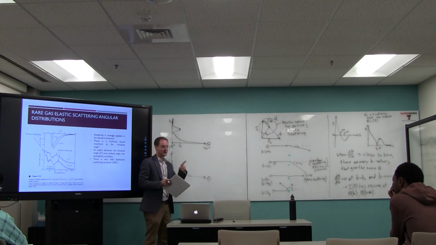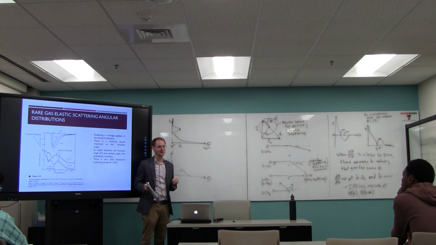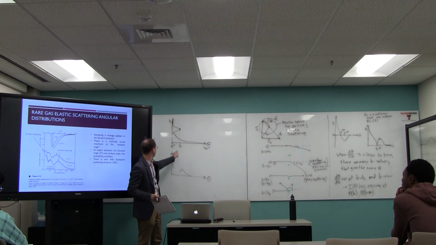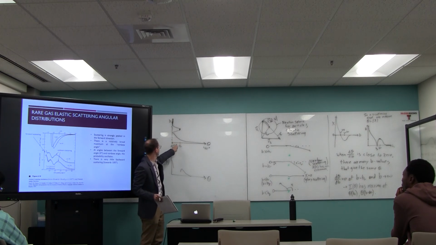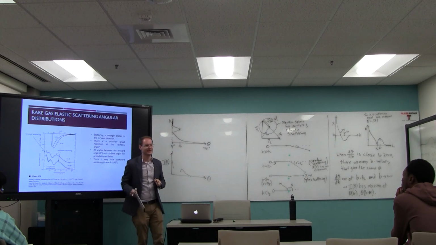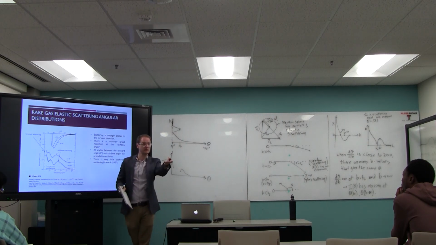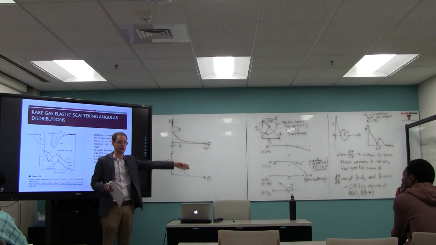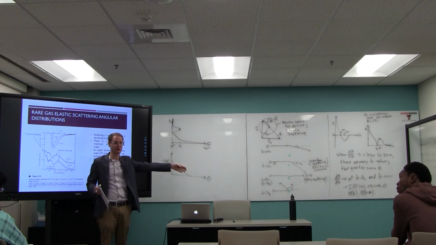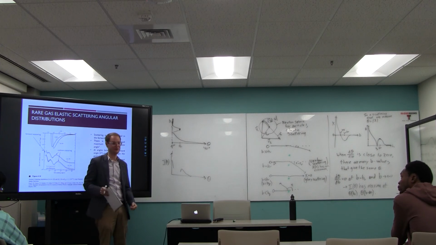So I showed you in the example that there's oscillation. Does anyone want to guess why? What about this angle here? How many different B values can lead to this angle? There are 3 different trajectories that lead to the same result. And when you have a quantum mechanical system, anytime that's true, you have interference effects.